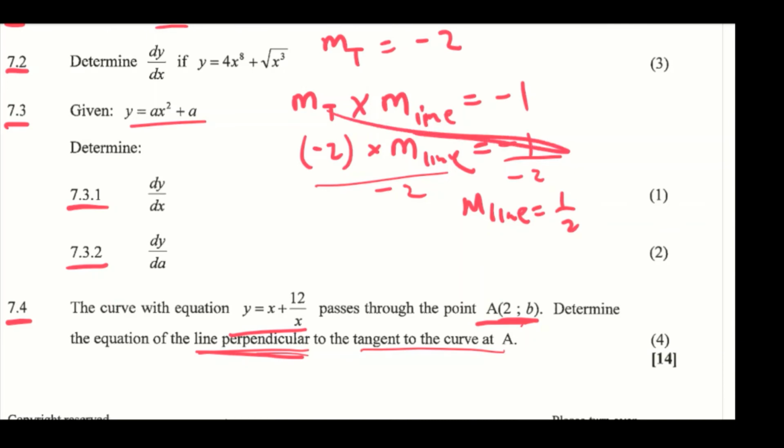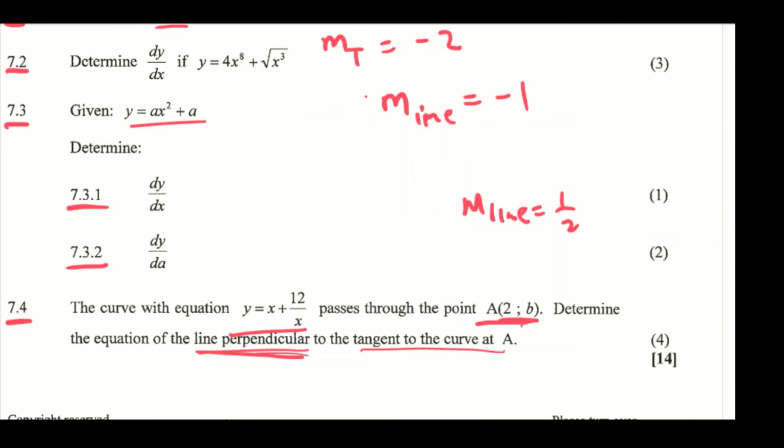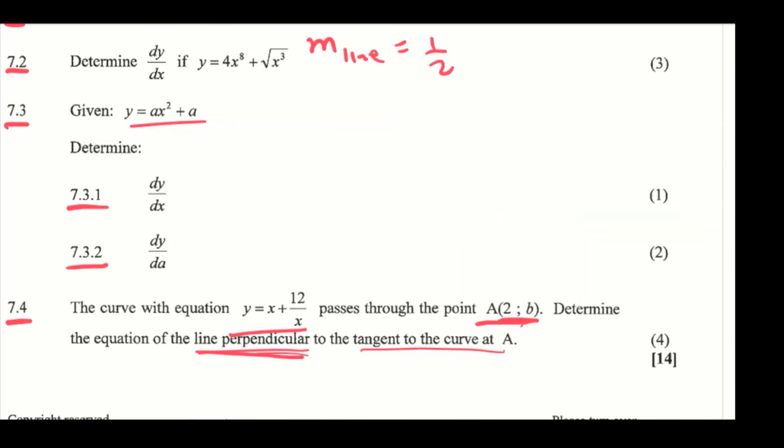Now we know the gradient of this line here, 1 over 2. And because we are asked to determine the equation of this line, we also know that this line passes through point A, our A being (2, 8).